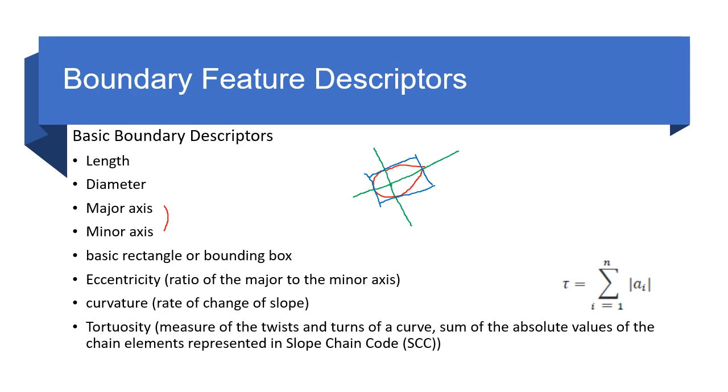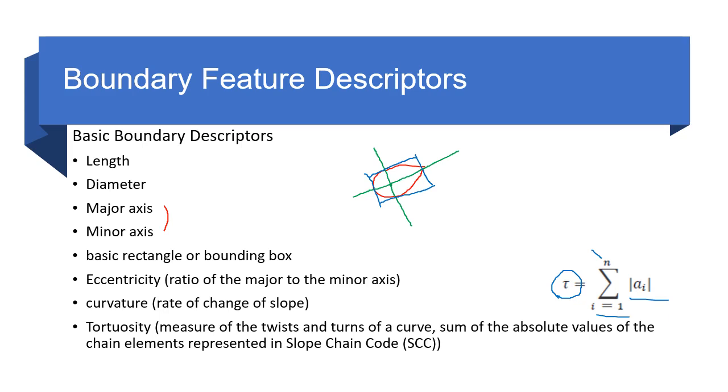And then there is another one called the tortuosity, which measures the twists and turns of a curve. We will see that one later on. For tortuosity, there is a value that measures it, called tau, which could be calculated as the summation from i equal to 1 to n, where n is the number of segments, of the length of the segments.